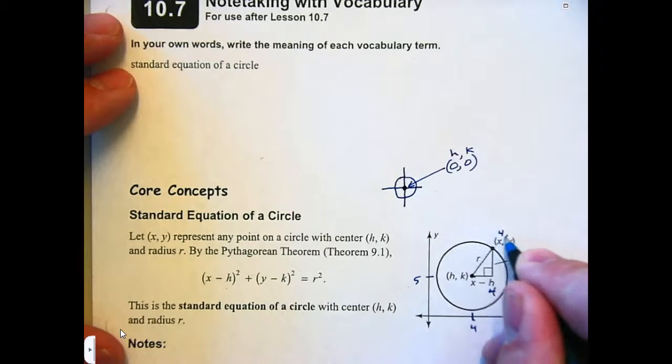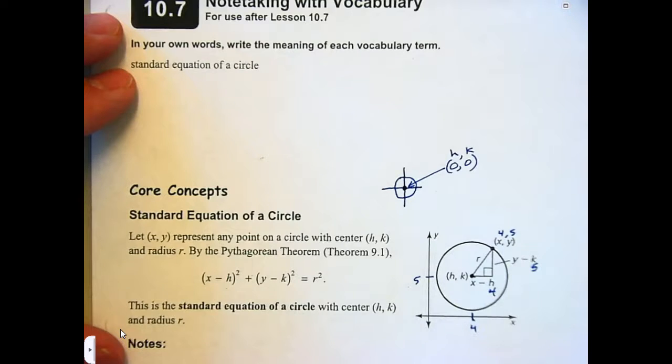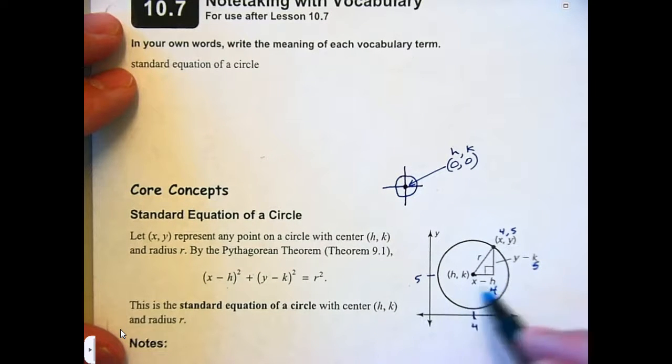We would have 4, 5 here. What H and K do is they move your figure around.